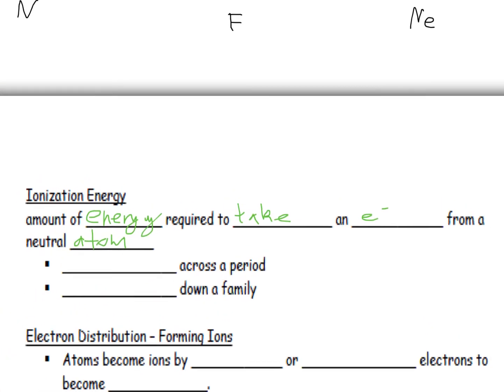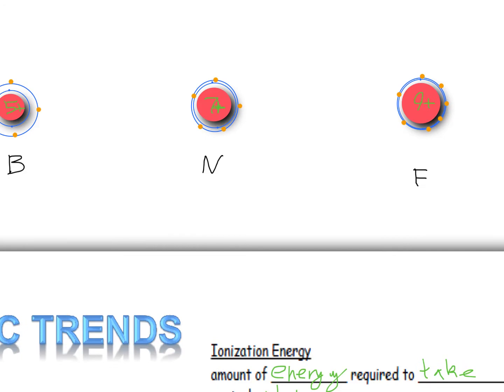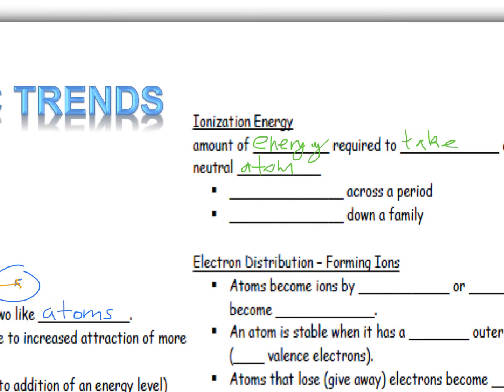Once again, if we look at this picture, it's going to take a lot more energy to take an electron from fluorine with its 9 positive pull than from nitrogen with its 7 positive pull. So going across a period, once again, it's going to increase.